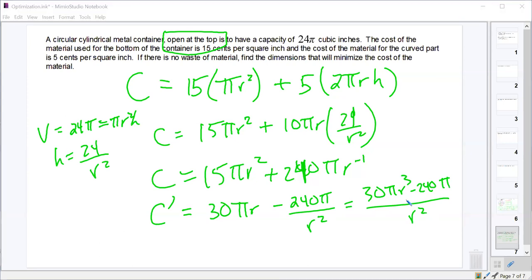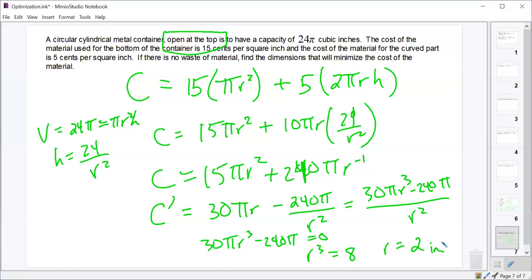We know that this would equal 0 when the numerator is 0 and undefined when the denominator is 0. r equals 0 makes it undefined, but that doesn't make any sense because we're not going to have a radius of 0. So we'll just set 30 pi r cubed minus 240 pi equal to 0 to get r cubed equals, bring the 240 pi over and divide by 30 pi, r cubed equals 8, or r equals 2 inches. Everybody good with that?